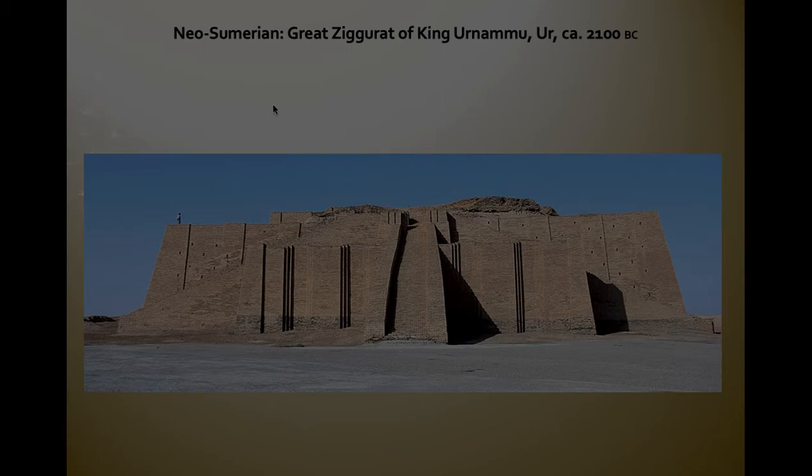We have the Great Ziggurat. To reiterate, the ziggurat is the most distinctive architectural invention of the Near East. So like an ancient Egyptian pyramid, an ancient Near Eastern ziggurat has 4 sides and rises up to the realm of the gods.